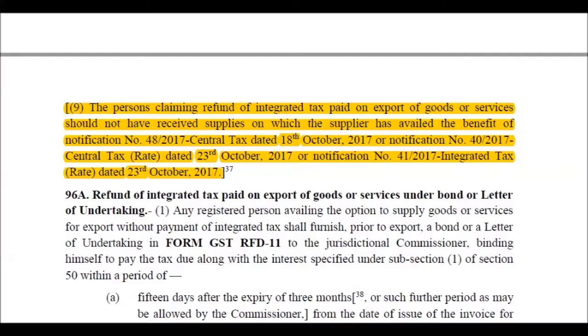The latest amendment is there in the GST rules. Notification No. 75 dated 23rd October 2017 inserted a new rule into Rule 96. It is Rule 96 sub-rule 19, where it clearly prohibits you from taking the refund of IGST paid at the time of export in case the supplier is taking the benefit of Notification 40/2017 and Notification 48/2017, the deemed export or merchant export notifications.